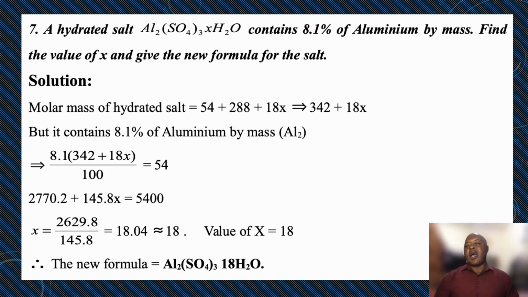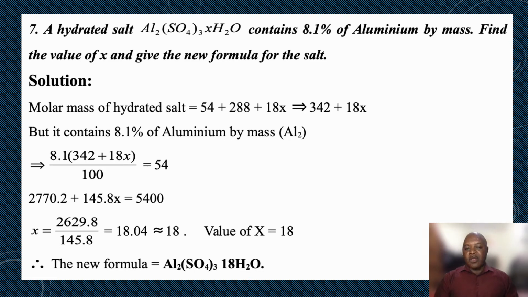So in this case, you need to look for 8.1%, that is 8.1 all over 100, times the molar mass, equals to the aluminum mass, the Al2 mass.